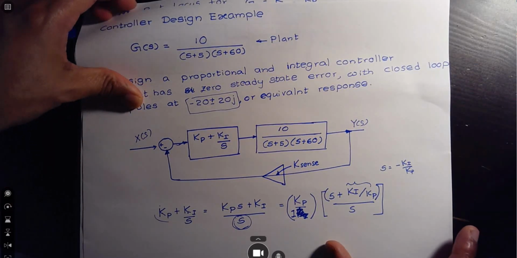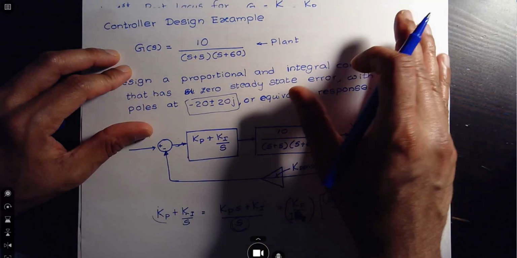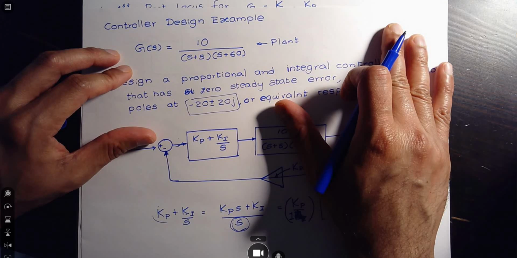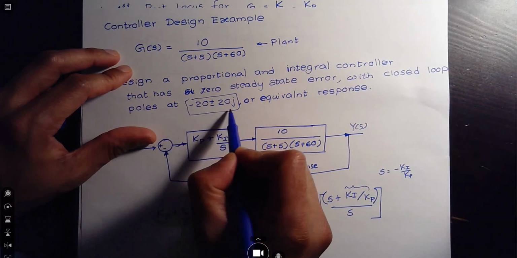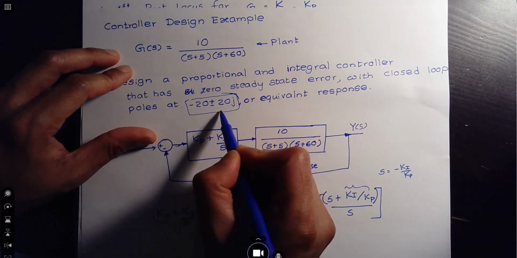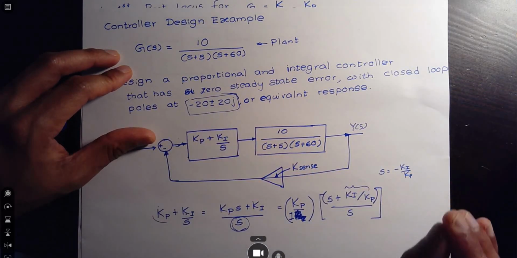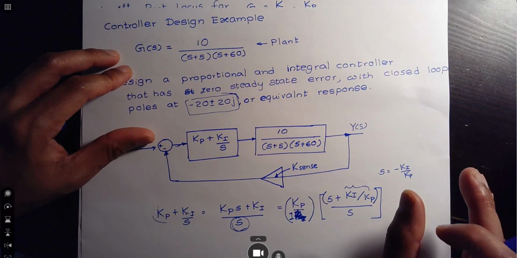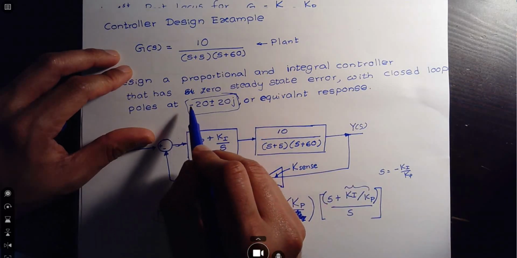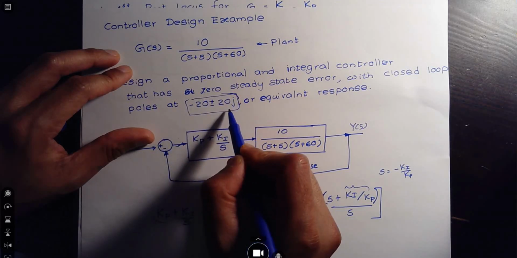We use the root locus, and ultimately what we are looking at is, once we plot the root locus, we are going to see how far we are from these poles that describe the desired system. Pay attention: how far the root locus is from the poles that describe the desired system.